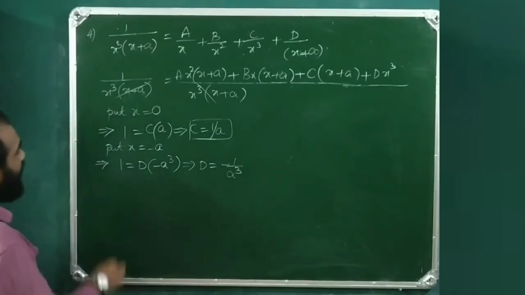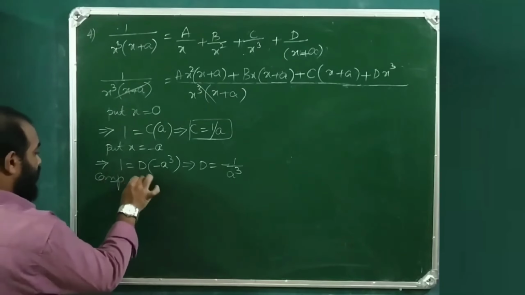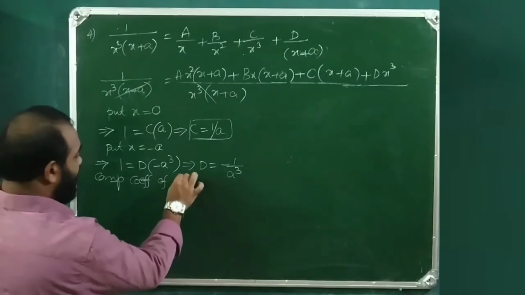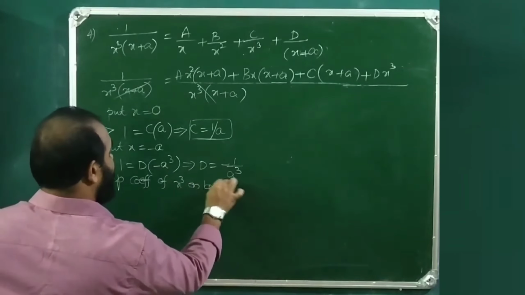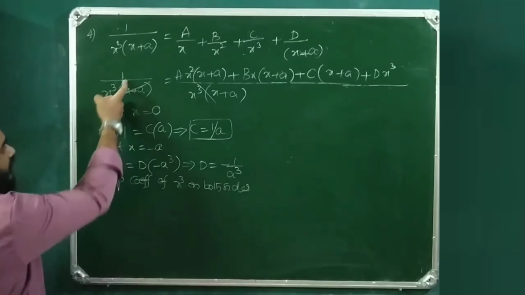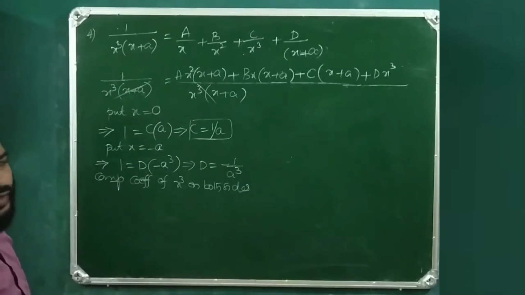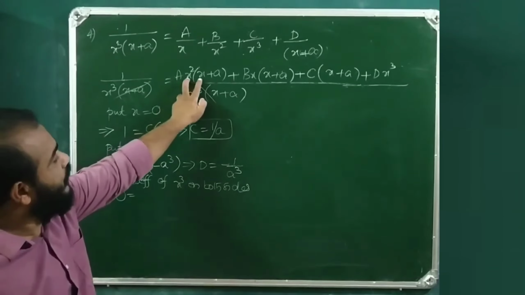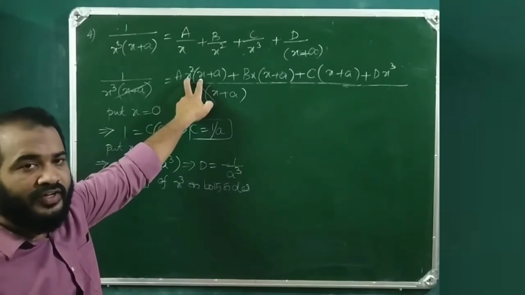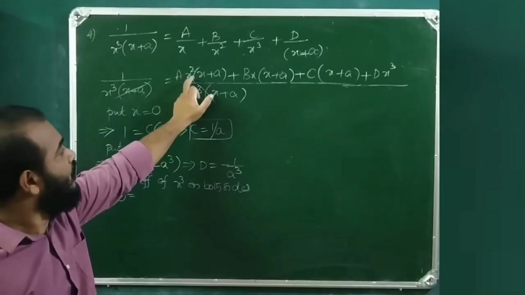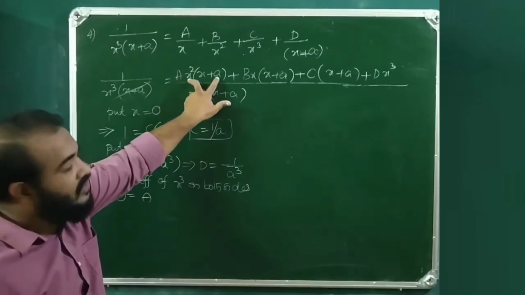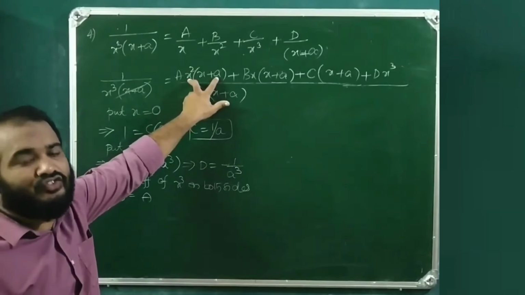Now, comparing the coefficients. Comparing the coefficient of x cube on both sides. Here on LHS we only have 1. So the coefficient of x cube is absent. So 0 equals, so x square into x is x cube. So there is a possibility of the coefficient of x cube coming here. So the x cube coefficient is a. X square into a is a x square. So this is the x square coefficient.